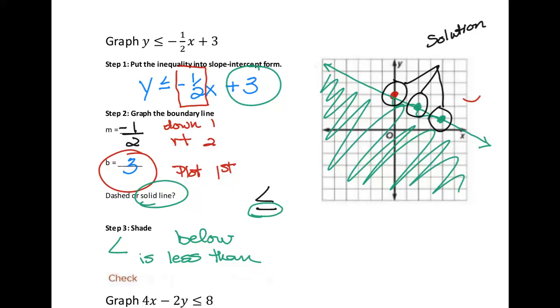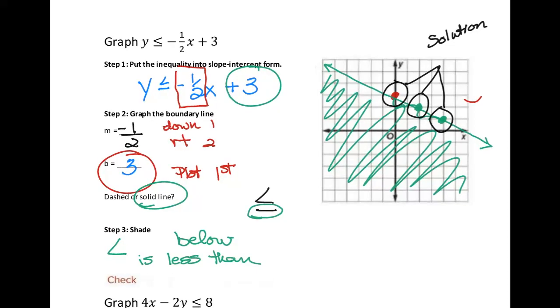A solid line is just like an equation. The answers for an equation are on the solid line. So the answer is yes. Yes, it would be part of the solution, because it is a solid line, just like an equation.